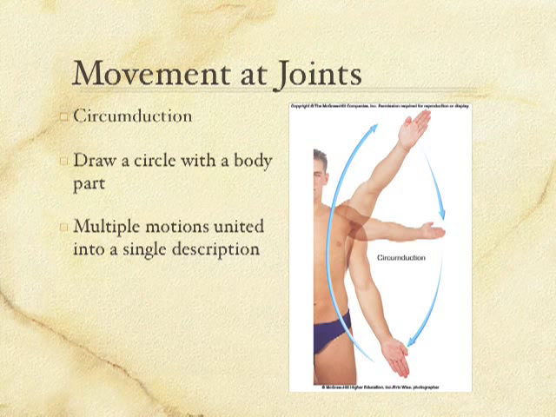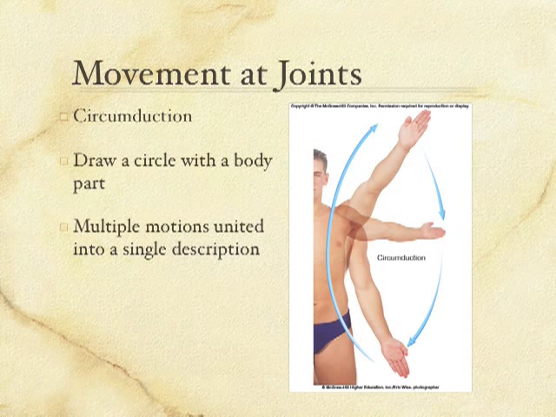I'm still getting farther away. Back here, I continue to extend, but now my arm's coming back toward me, so it's adducting. And then finally, the last sweep here is I'm flexing and adducting. I'm getting closer and going forward. But rather than mess with all that, they're just going to call this circumduction. And you can do it at many different joints.